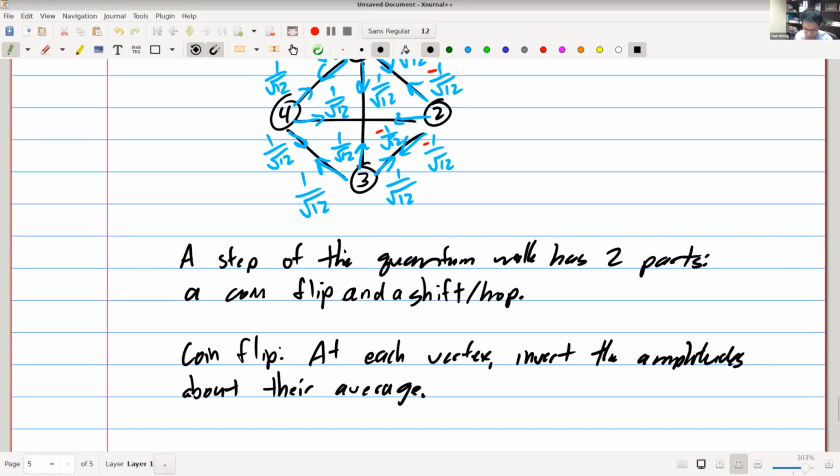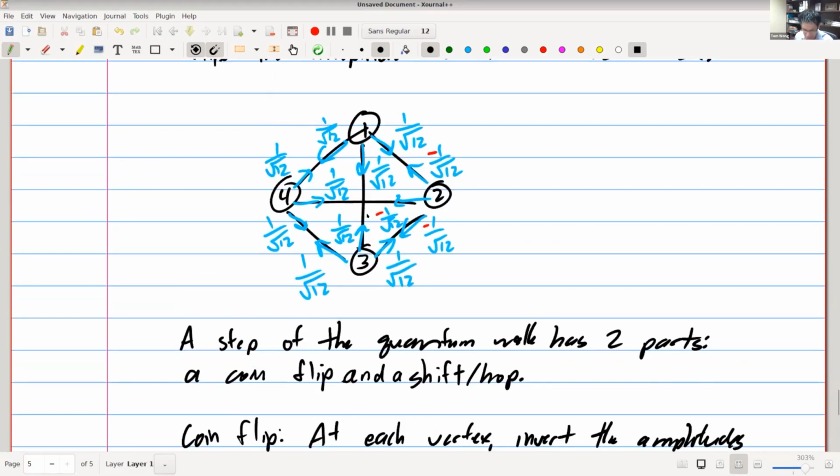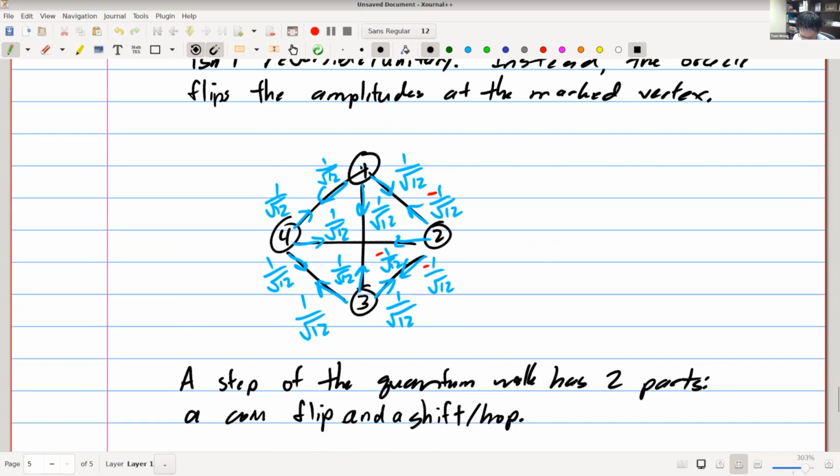When we do the second step, it'll be much more interesting. Let's look at vertex 1. It has 3 amplitudes, 1 over root 12, 1 over root 12, 1 over root 12. The average of those 3 amplitudes is just 1 over root 12 because they're all the same. So if you invert 1 over root 12 about the average of 1 over root 12, nothing happens, and similarly for the others. That's the same for vertex 4 and vertex 3 as well.